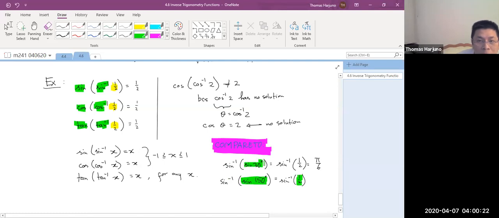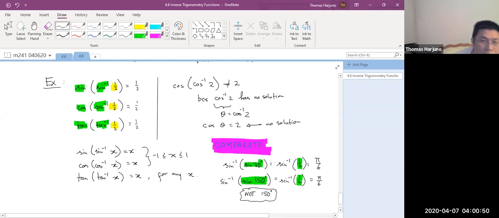Sine 30 degrees also equals 1/2. But sine inverse of 1/2 is always pi over 6. So in this case, the sine inverse doesn't cancel sine. Okay, you cannot just cancel it right away. So not 150 degrees. The answer is not 150 degrees.